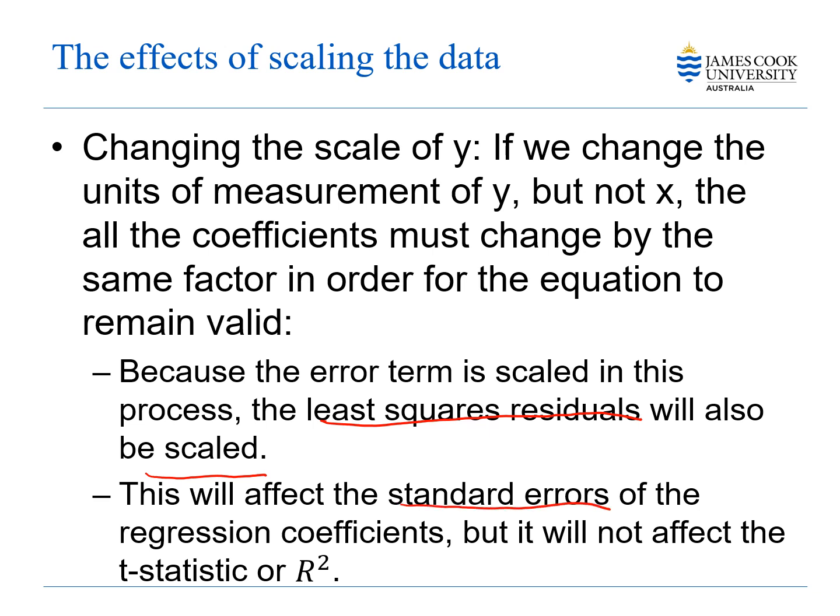Remember, the standard error is computed from a formula where one part is the residuals, which we use to estimate sigma squared. But it will not affect the ratio of the coefficient estimate over the standard error, the t-stat, or R-squared.